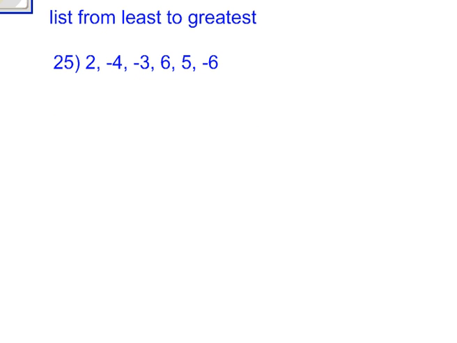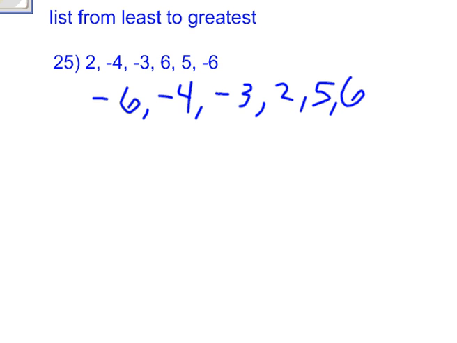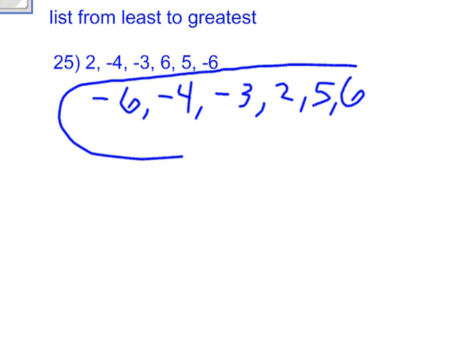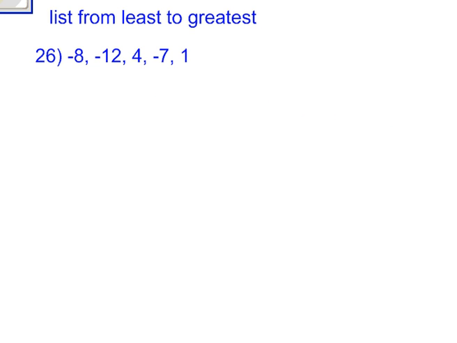-25, we're going to do the exact same thing. The largest negative would be -6, then -4, then -3, then 2, 5, 6. 26, the largest negative is -12.